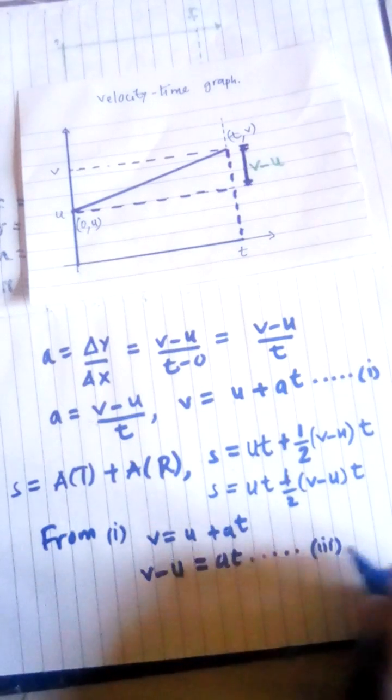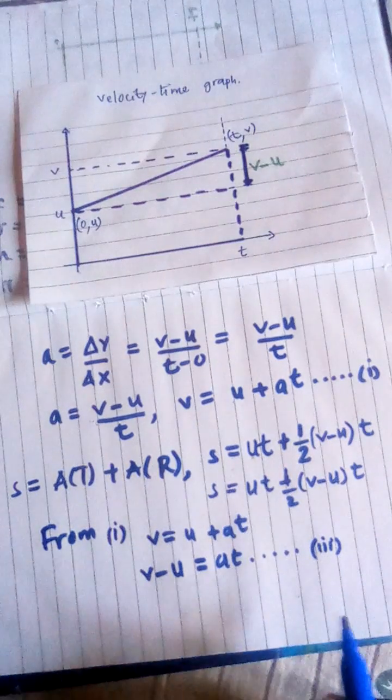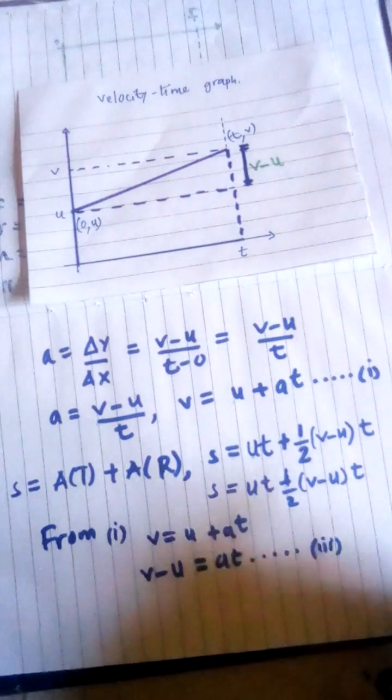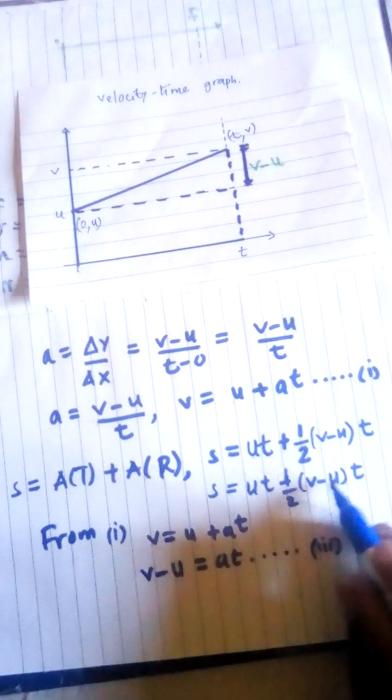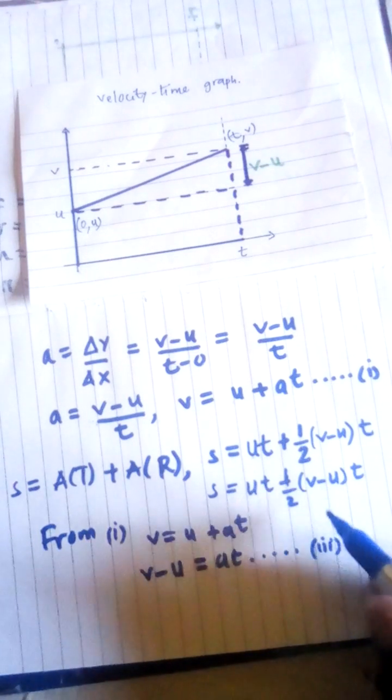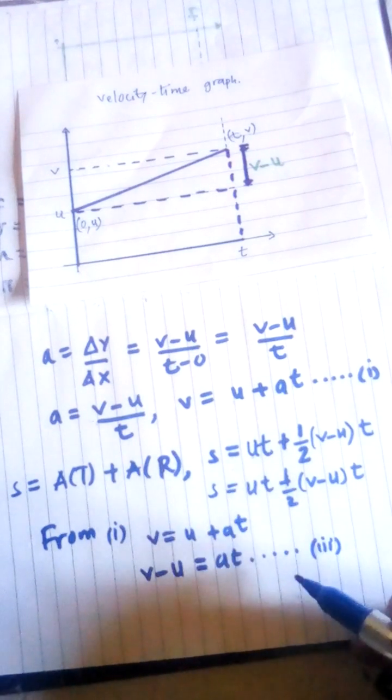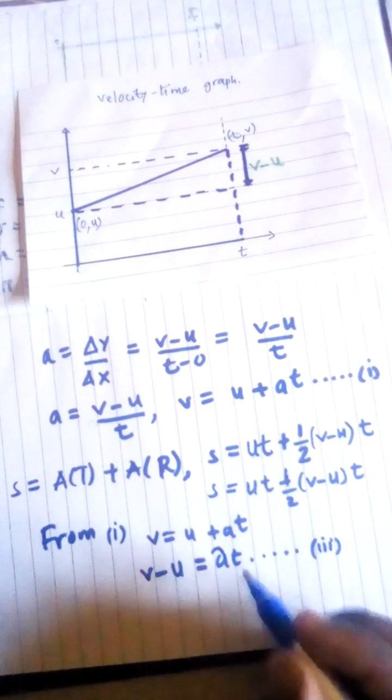Okay, then we can substitute this equation around here. Because the value of v minus u is basically at, you can just put it there.